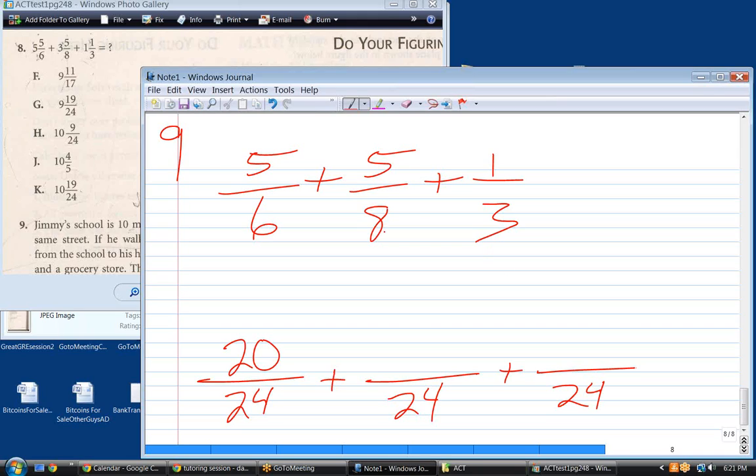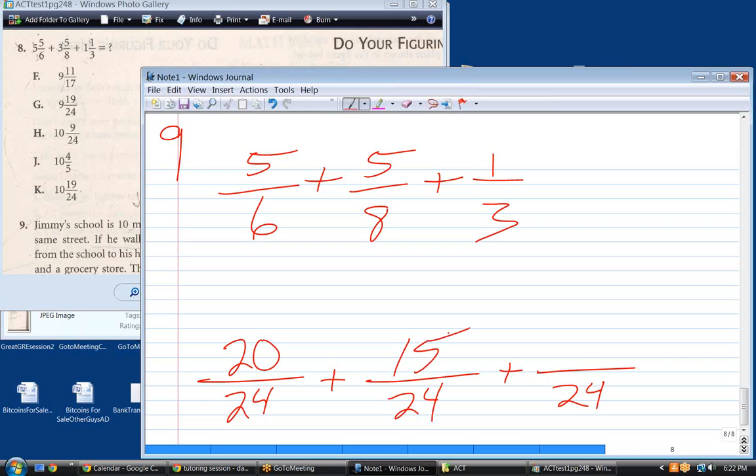So let's do 5/8. How many 24ths is 5/8? 8 goes into 24 how many times? 3 times, right? Okay, and then 3 times the numerator. That's 15.